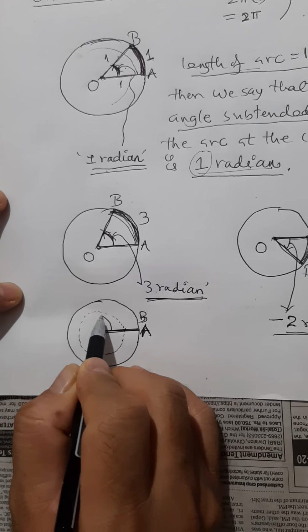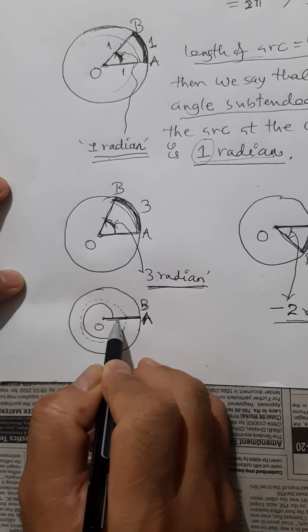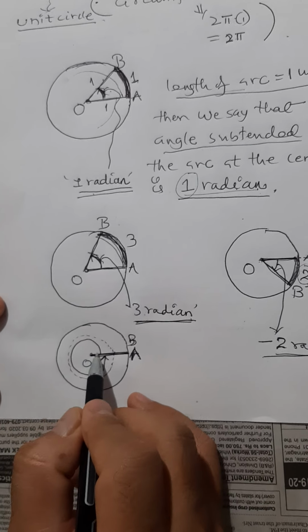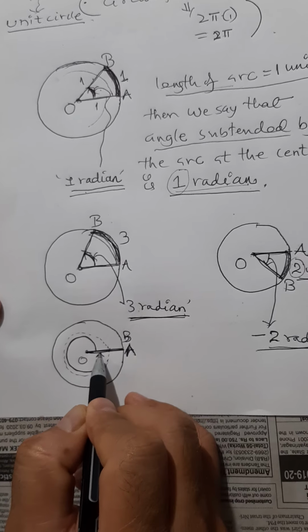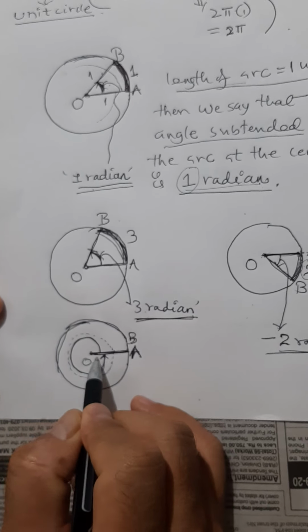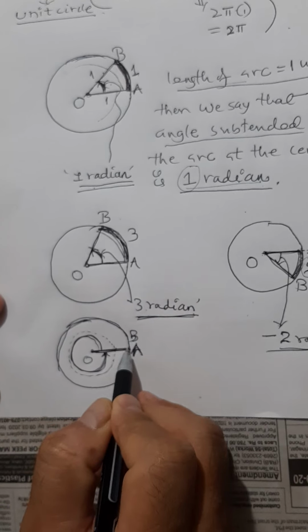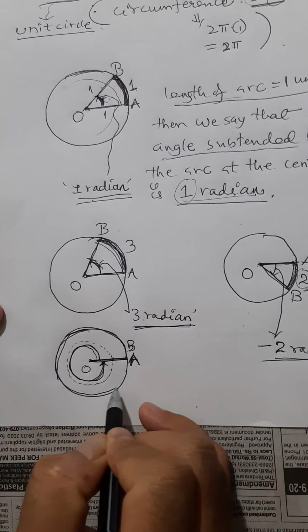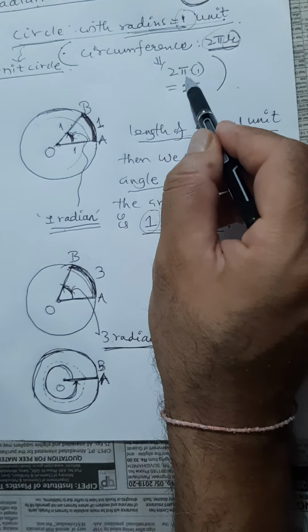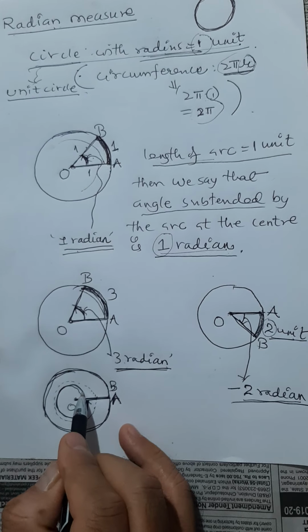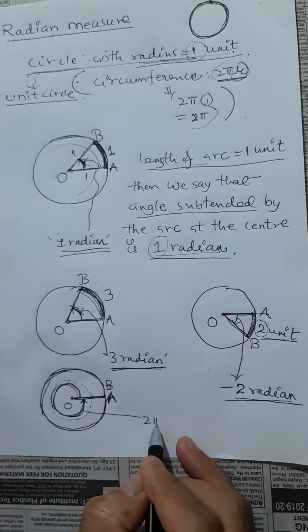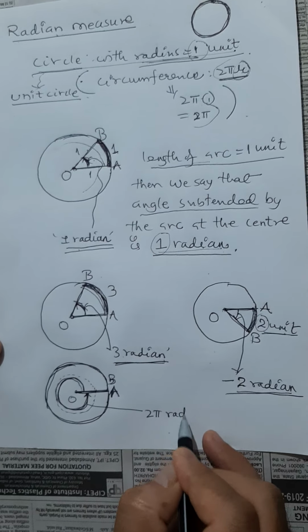You have taken one complete revolution, as I explained in degree measurement of an angle. Now what is the measurement of this angle in the form of radian? It is the same as finding the total arc length, because the radian measurement of an angle is as good as the arc length. What is the total arc length of the unit circle? You know, 2 pi. So this one complete revolution becomes 2 pi radian measurement of an angle.